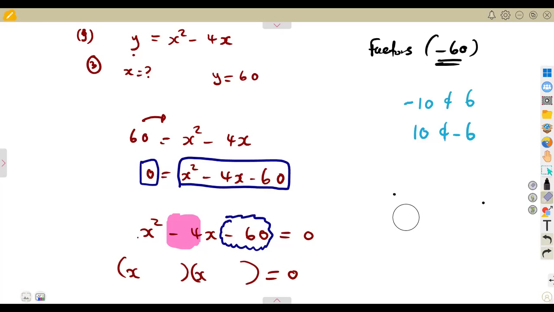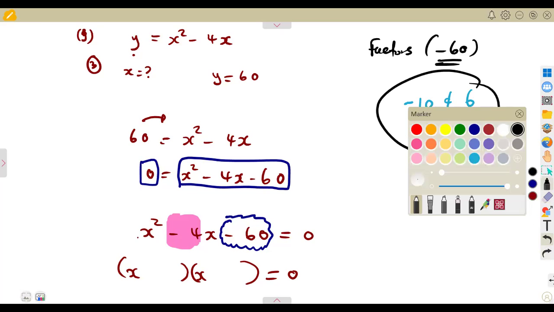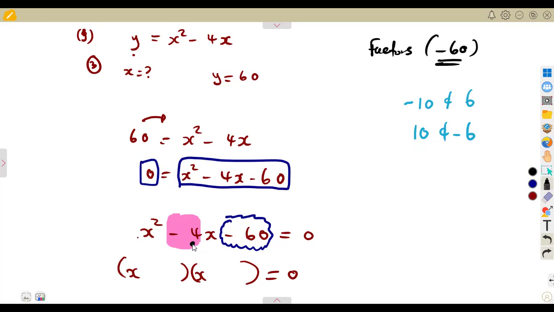To obtain a difference of 4, the gap was just on 10 and 6. But we need to know how this becomes a minus 4. Because if I multiply negative 10 times 6, that's a negative 60. 10 times negative 6, that's a negative 60.